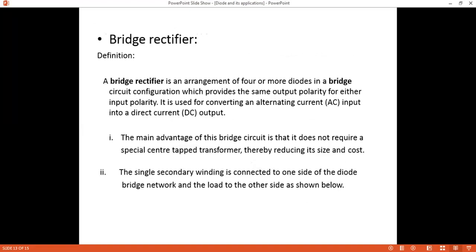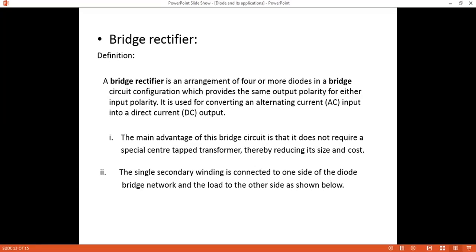So what is a bridge rectifier? Definition: a bridge rectifier is an arrangement of four or more diodes in a bridge circuit configuration which provides the same output polarity for either input polarity. It is used for converting an alternating current AC input into a direct current DC output.